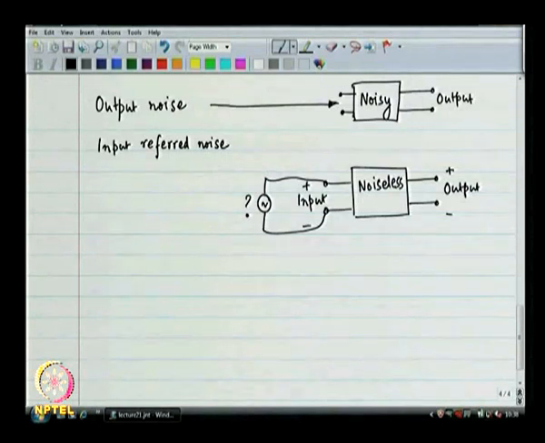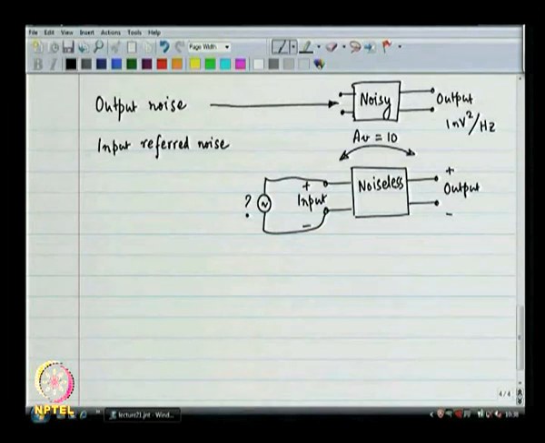Okay. If you say that the output noise was so much V out squared per hertz, let us say 1 nanovolt squared per hertz, okay, that was your output noise, and let us say the gain of your system is 10, then what should have been this voltage?